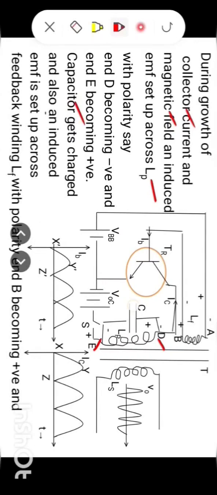Capacitor C gets charged and also an induced EMF is set up across feedback winding LF with polarity B becoming positive and A becoming negative.